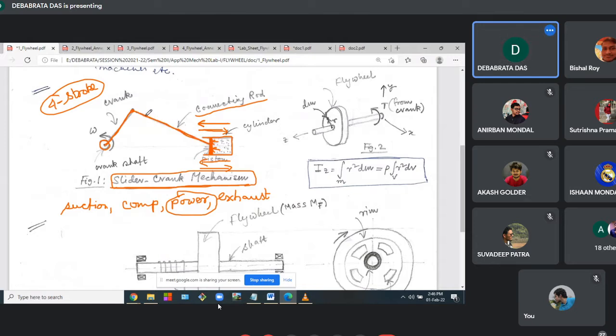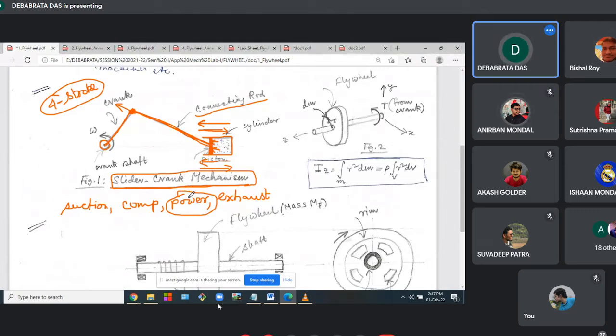And this connecting rod is pin connected with the crank. So the force transmitted through the connecting rod provides a force on the crank, and that makes the crank rotate. A torque is provided due to this force, and this crank rotates. As a result, this crankshaft rotates.